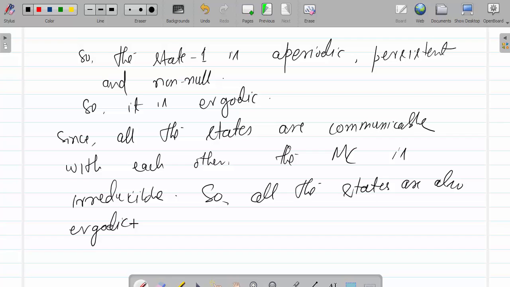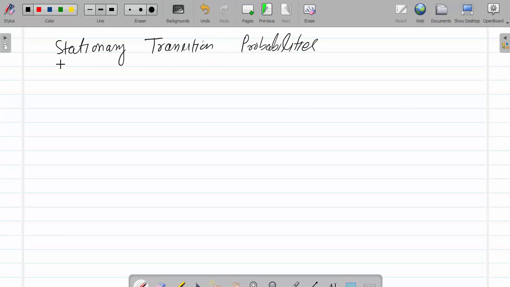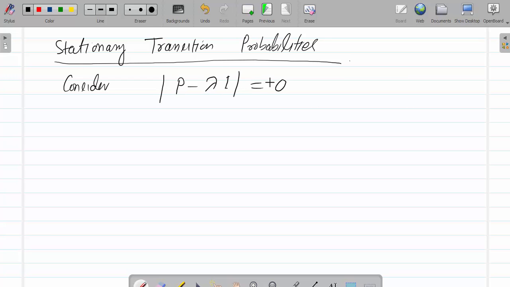Now we have to find the stationary transition probabilities. Now consider |P - λI| equal to 0.